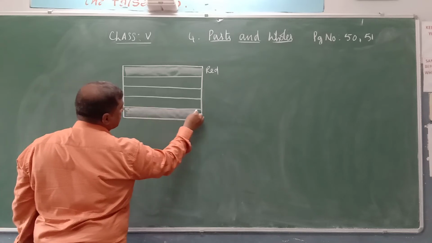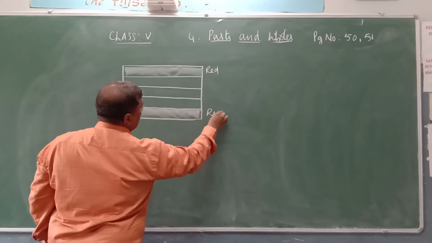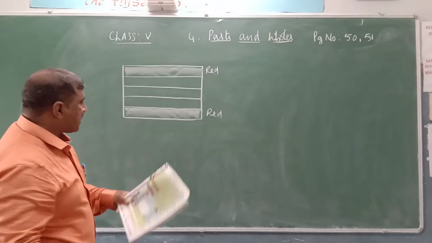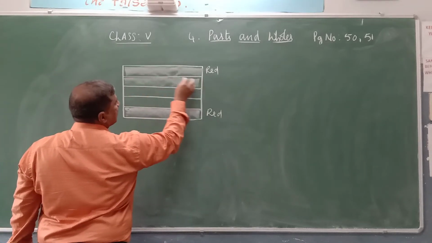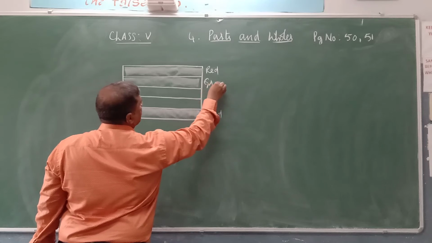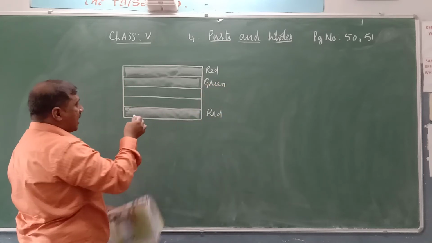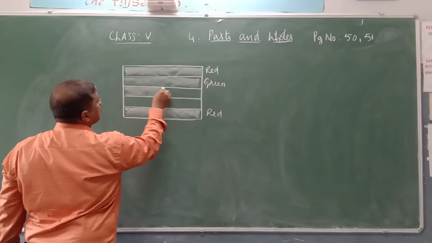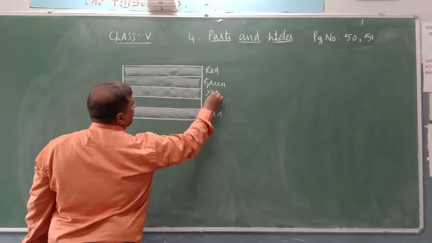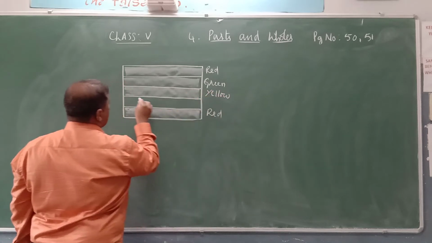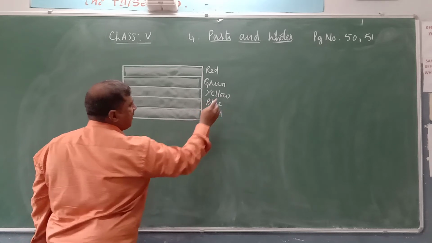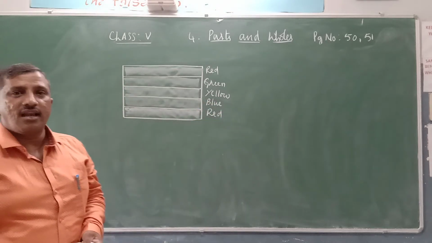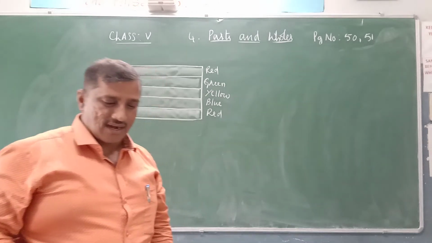So 2 parts are red, and the second part is colored green. Yes, this is green, and below we have yellow, and then we have blue. So 5 colors are there in the flag of the math club of a school in Kerala.